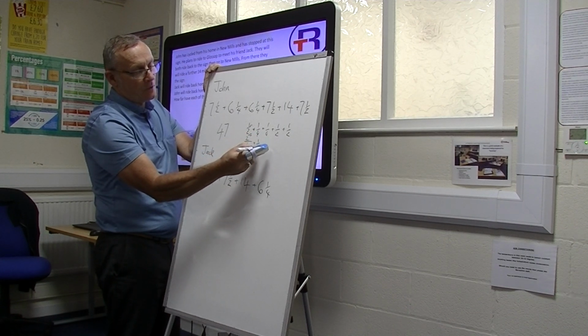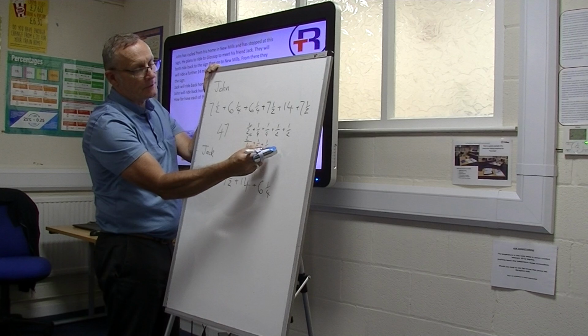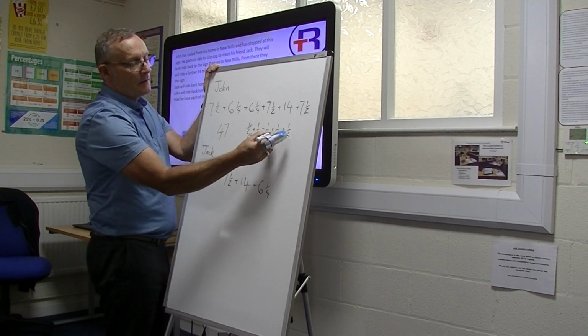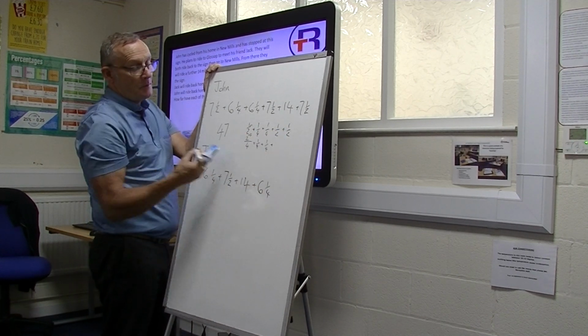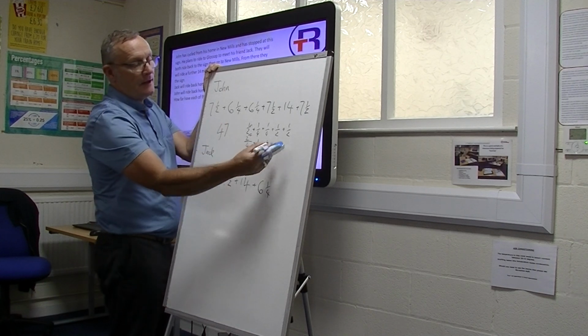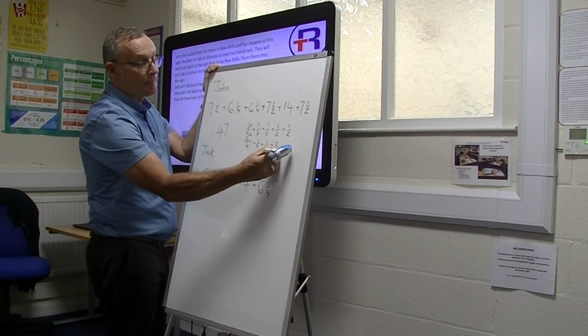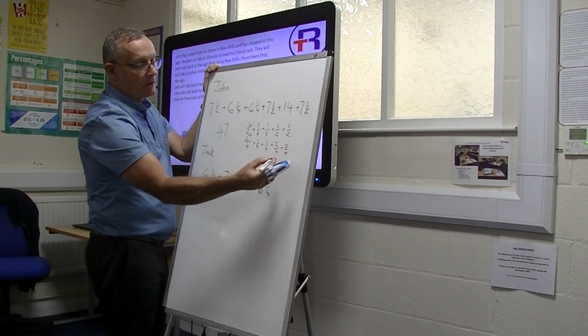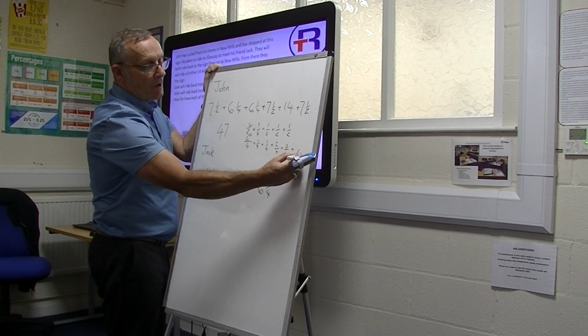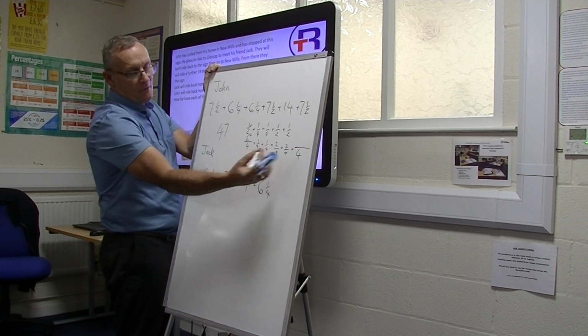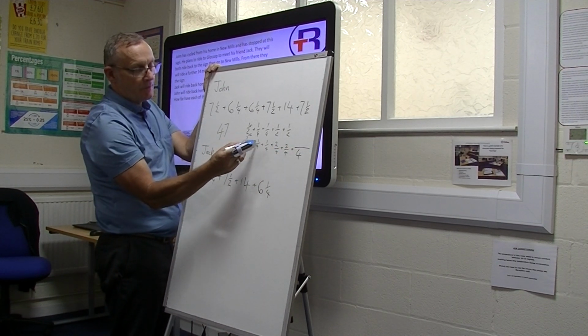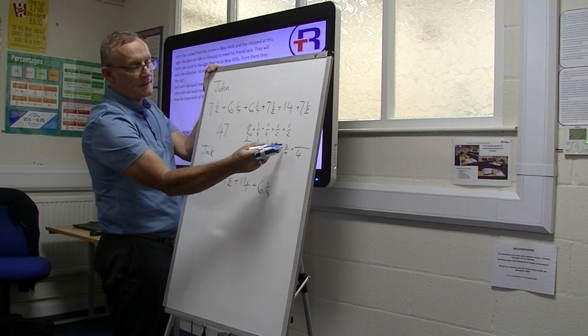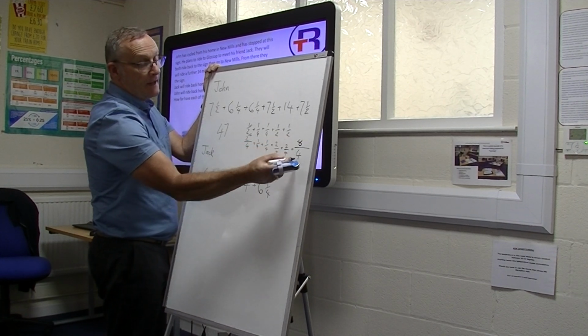That can stay as 1 over 4. That can also stay as 1 over 4. That half there, we've already converted it, it's 2 over 4. 2 over 4. We know the bottom number is going to be a 4 because there's all 4s. At the top, 2, 3, 4, 5, 6, 7, 8. 8 over 4.